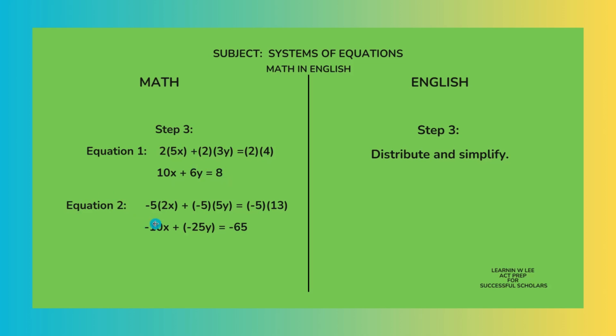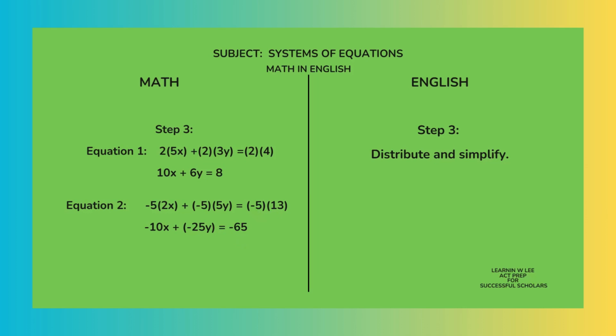And then for equation 2, once that's distributed and simplified, negative 5 times 2x is negative 10x. Plus, keep that addition symbol in between each term. Negative 5 times positive 5y is negative 25y. Keep the equal sign there. And the last constant term, negative 5 times 13, is equal to negative 65.